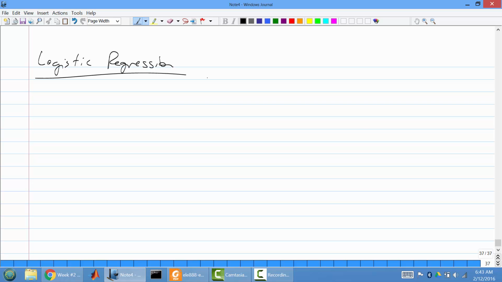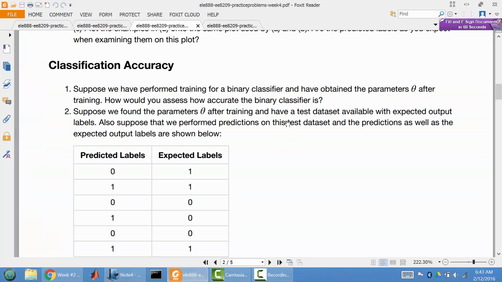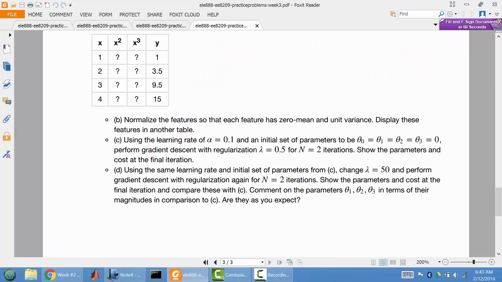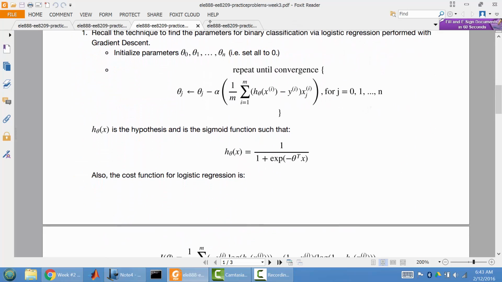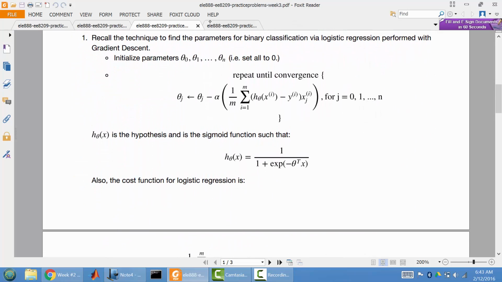Okay, logistic regression. So let's take a look at the third problem set. Fantastic. Okay, so logistic regression. It's almost exactly the same in terms of the update rule for gradient descent. The only thing that's changed is the hypothesis: you have the sum of weighted values, but you're applying the sigmoid to the output.